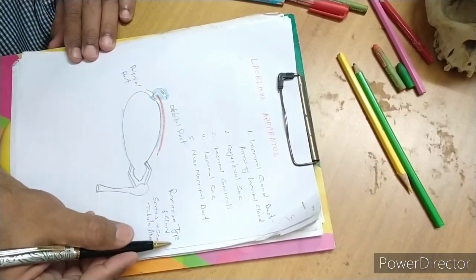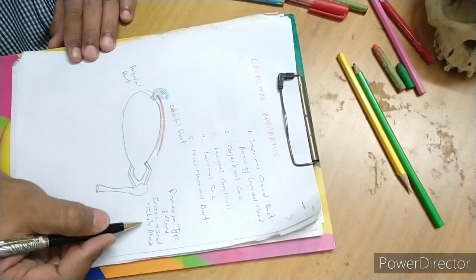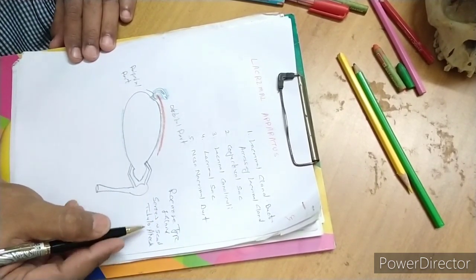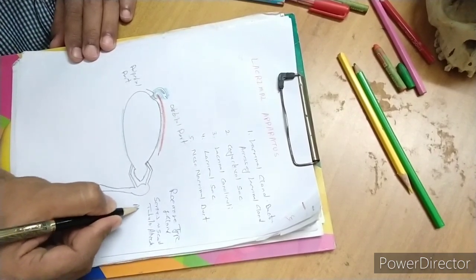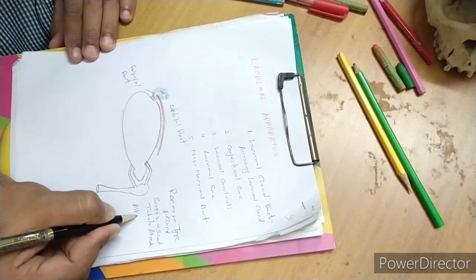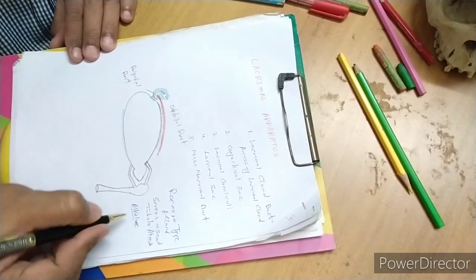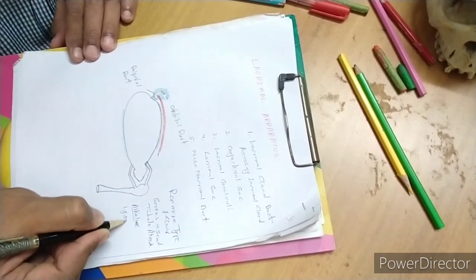So this racemose gland secretes a serous fluid, and the secretion of this gland is alkaline in nature. It also contains lysozyme.